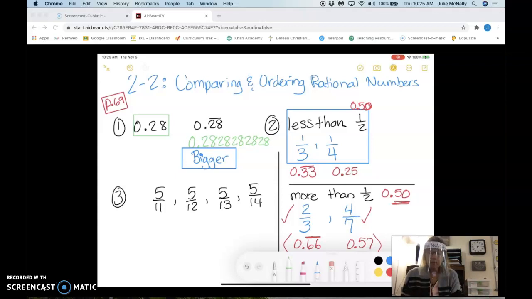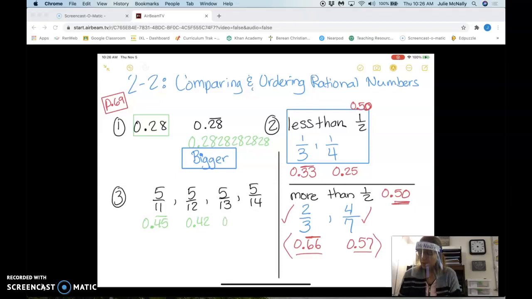So if I do 5 divided by 11, I get a decimal of 0.45, and the 45 keeps repeating. Let's divide the next one. 5 divided by 12. I get 0.42 if I'm rounding. 5 divided by 13.